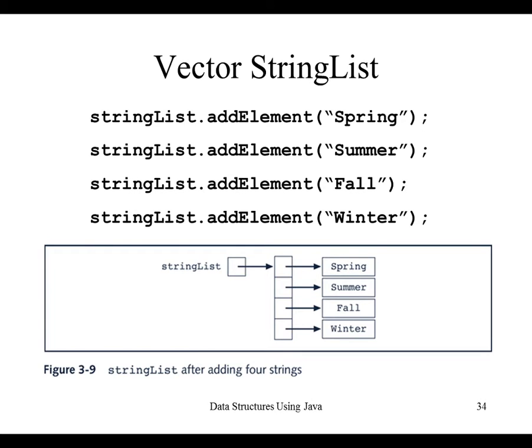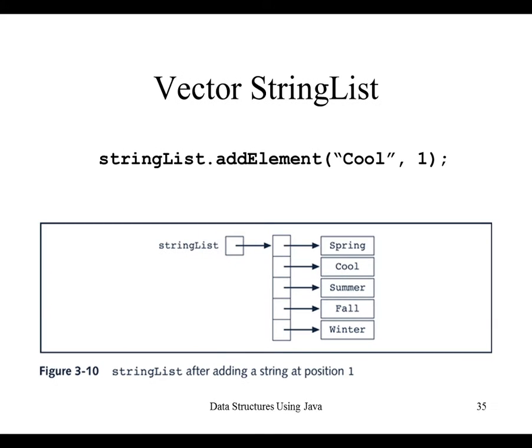Now, if you have a statement System.out.println(stringList), this will output the elements of stringList in the following form: Spring, Summer, Fall, Winter. Now consider the following statement: stringList.addElement("Cool", 1).